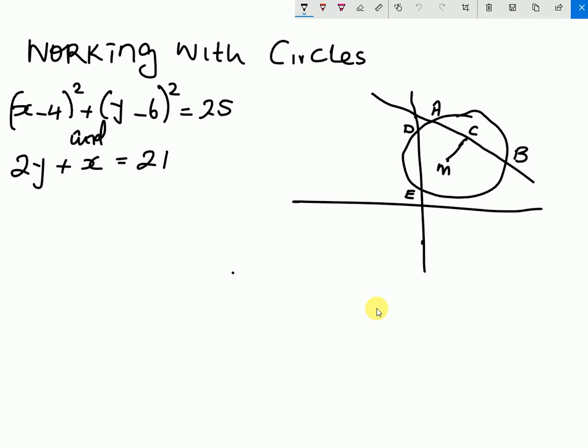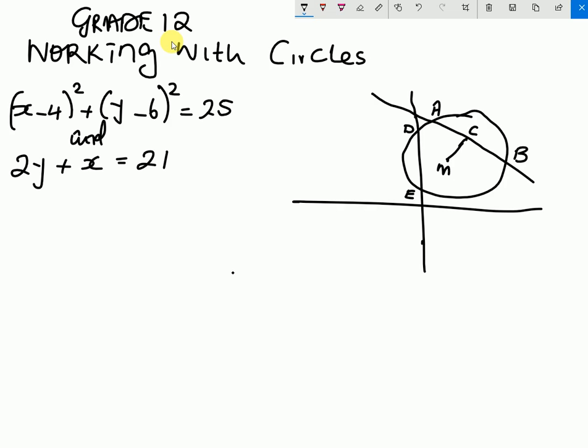Grade 12. We are still using the Clever Mathematics as the source of our presentations. Now, working with circles, people, in grade 12.